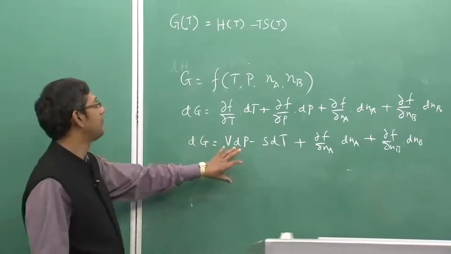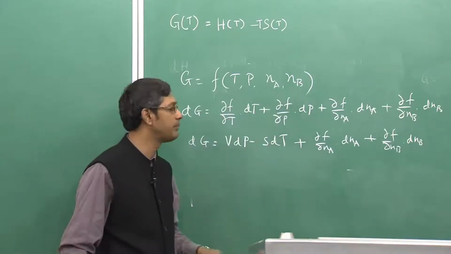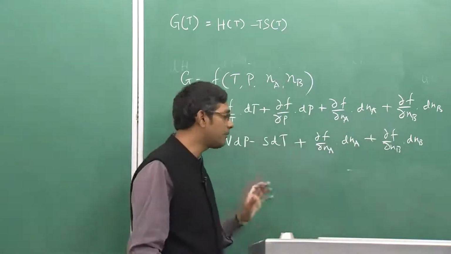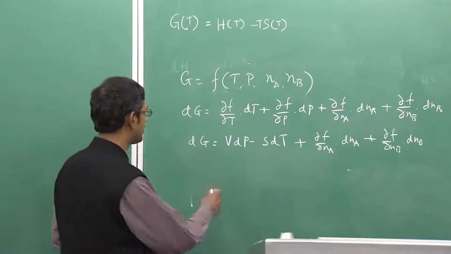Now for such cases where G is a function of temperature, pressure and the composition variables, I need to define these terms. In chemical thermodynamics, these terms are defined as chemical potentials. What are these?